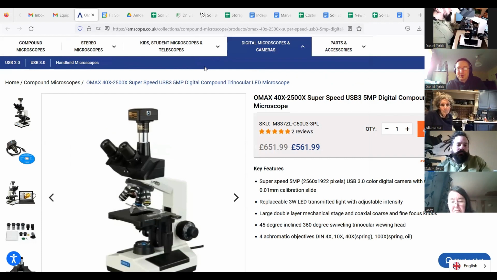Julia is asking whether this is compatible with Apple computers. It's a great question, actually. The camera itself is, that I know for sure. Sometimes people have simply used the built-in software for using the camera on the Mac.